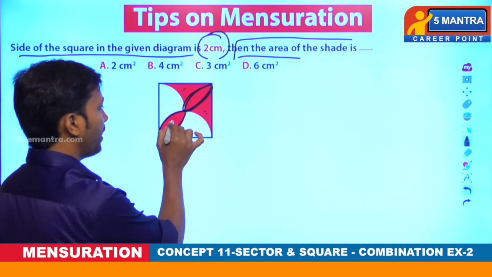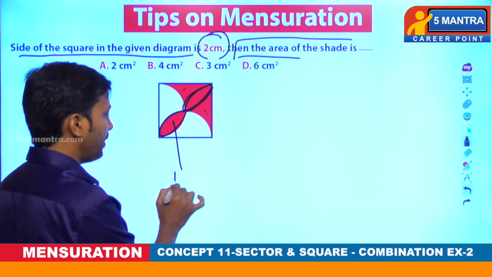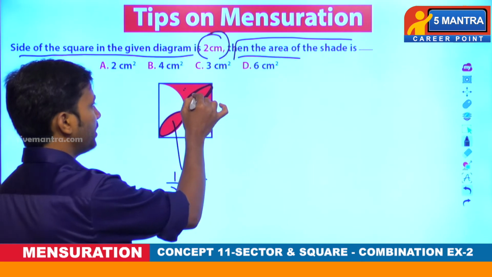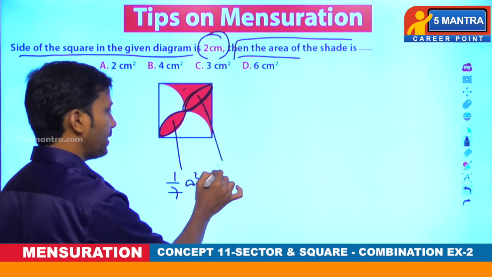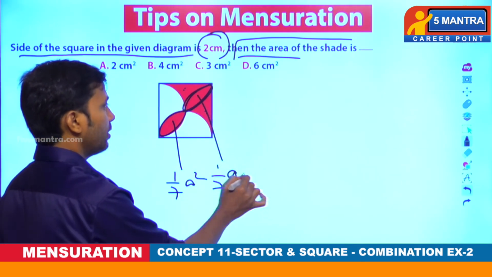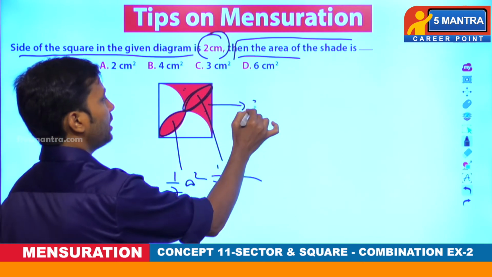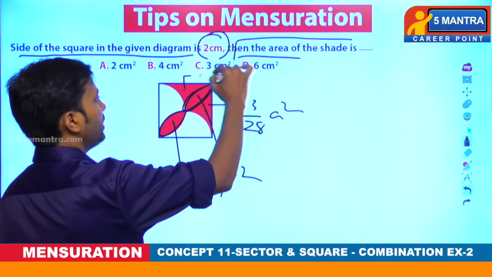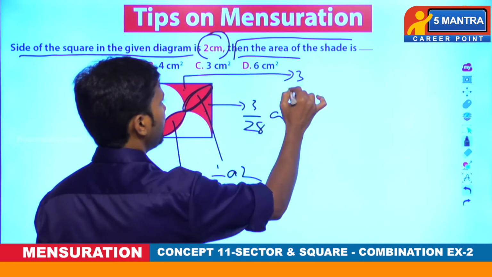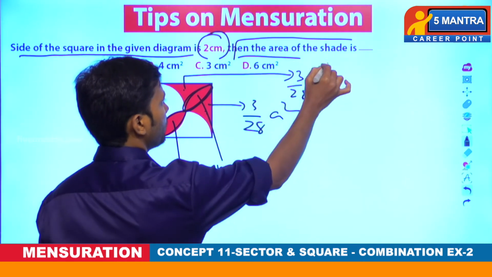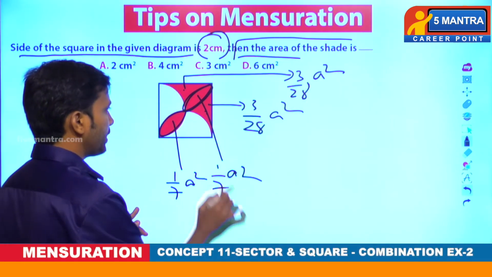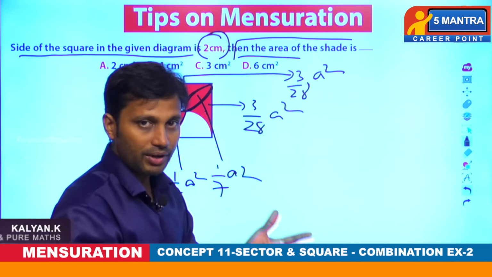So for this area 1 by 7 a square, and for this area one more 1 by 7 a square. For this gap 3 by 28 a square, and for this gap again 3 by 28 a square. Clear? Now if you add all these, can we get the required value or not?